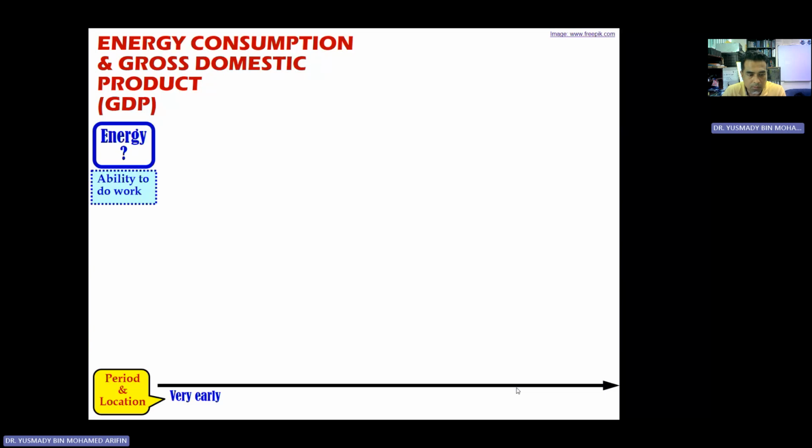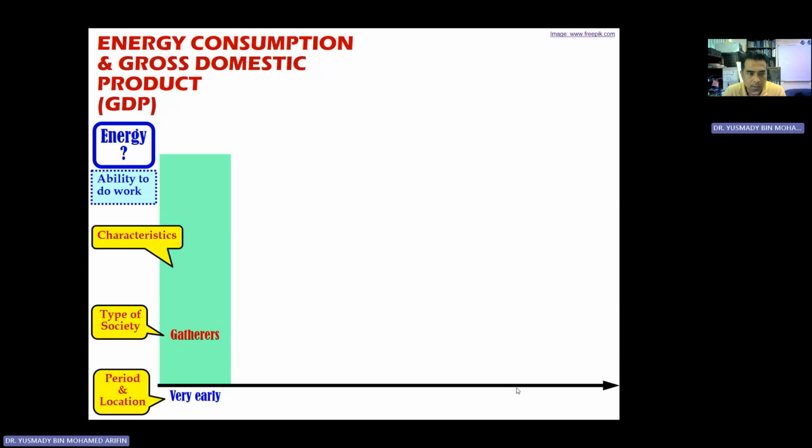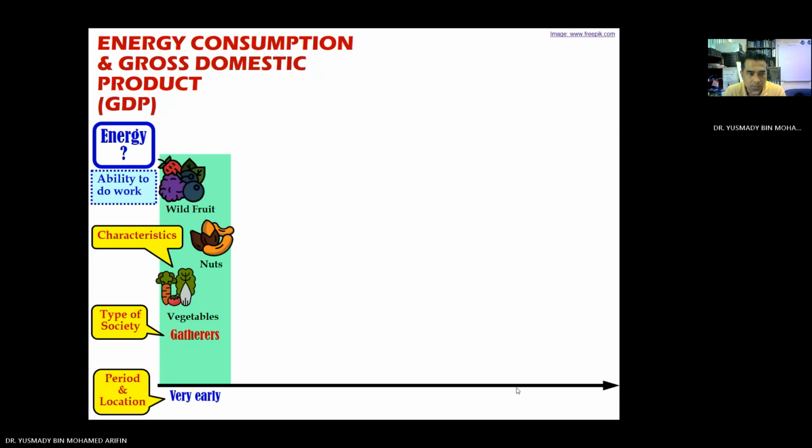Okay, so in terms of period and location, and human activity, for example, in very early times, the type of society at that time was gatherers, where most human activities were to gather vegetables, nuts, and wild fruit in order to continue their life.